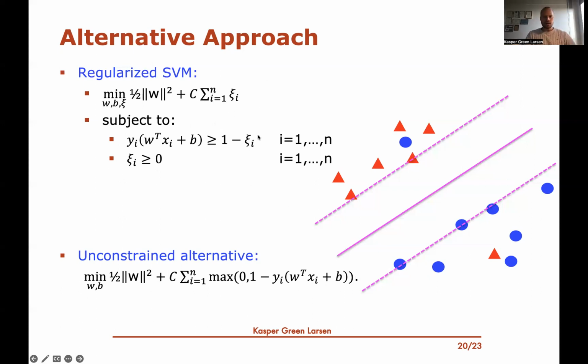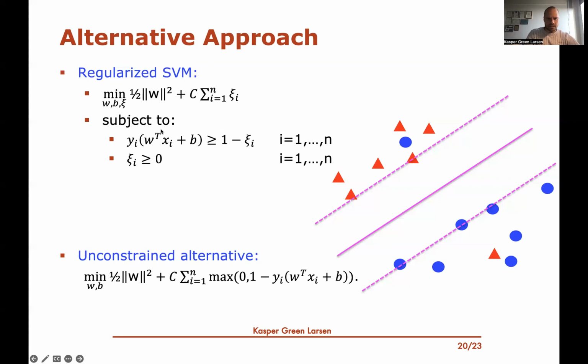So what did I do here? Basically, I said that you're minimizing the same objective, except that in place of psi, you place in the maximum of 0 and 1 minus the functional margin. So what's the intuition here?